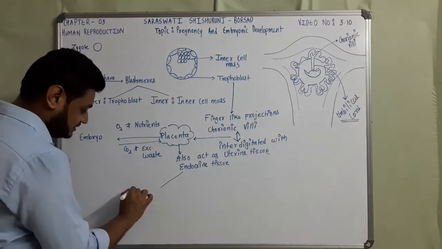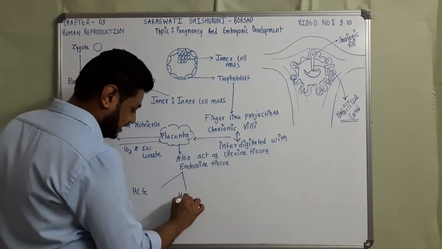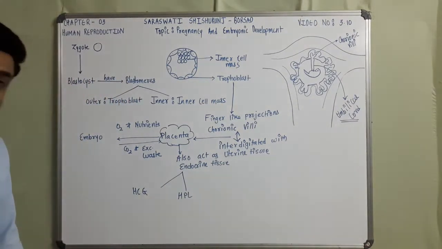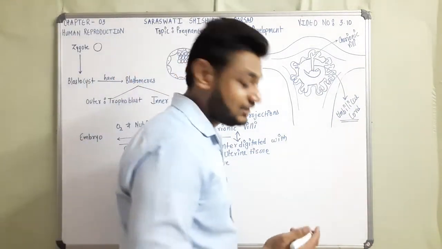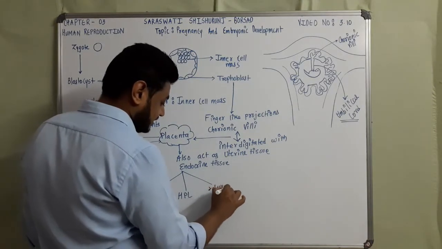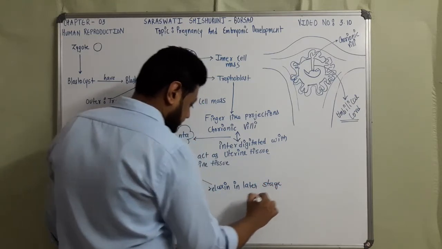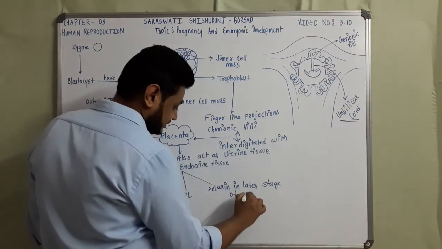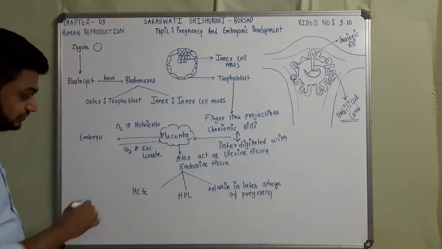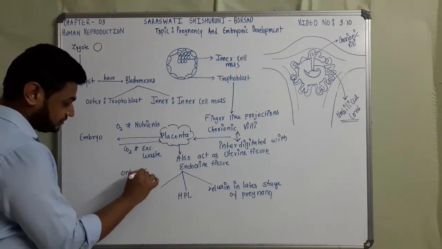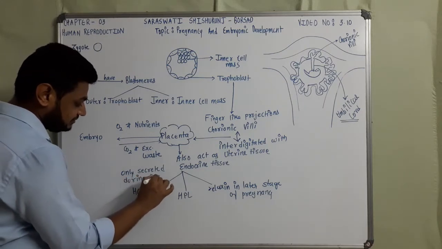Let's say HCG, that is human chorionic gonadotropin. Second is HPL, that is human placental lactogen. The next one is relaxin, in the later stage of pregnancy. These three hormones are only secreted during pregnancy. Remember this, okay?